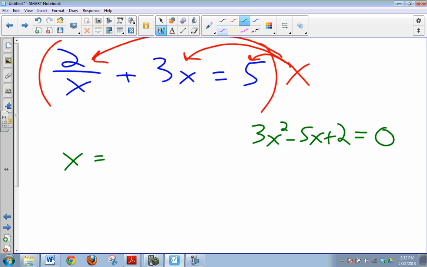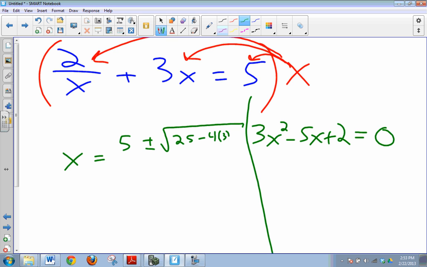So negative b is what? Negative b, negative, no, it would be 5 plus or minus the square root of negative 5 squared minus 4 times 3 times 2, all divided by 2 times 3, which is 6.